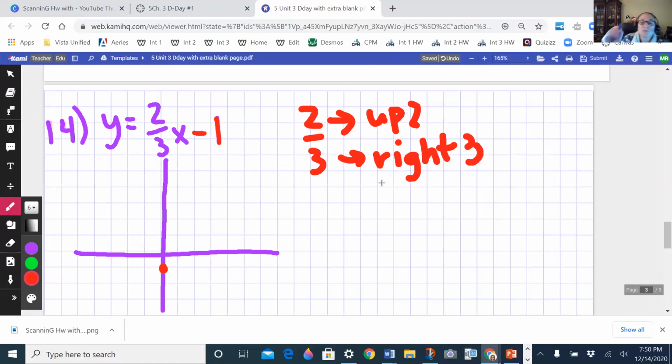If it's positive, you go up whatever the top number is. If it's negative, you go down whatever the top number is. And then always go to the right for the bottom number unless you're off your graph. So I am going to go up 1, 2, over 1, 2, 3. So I'm right here. Again, just visually, I went up 2, right 3. And then I can connect the points.